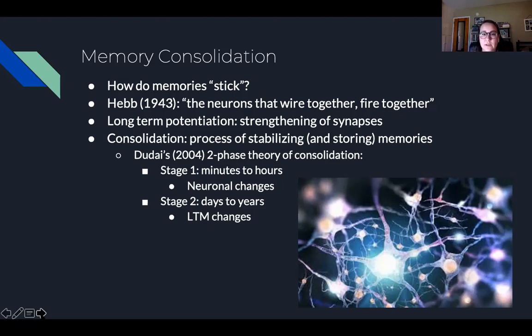This is thought to be the result of changes at the level of the neurons. And then the second stage happens days and even up to years afterward. This is thought to be the result of long-term memory changes. Maybe the way that things are stored changes, or maybe you're able to integrate the information that you first consolidated with future information that you've gained.